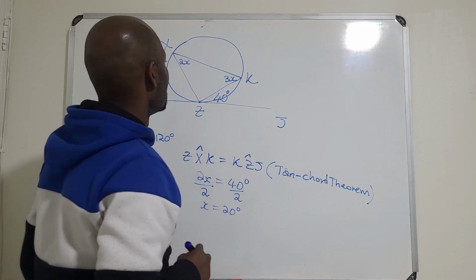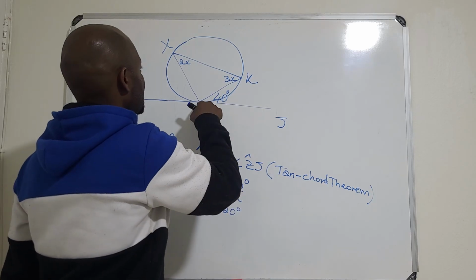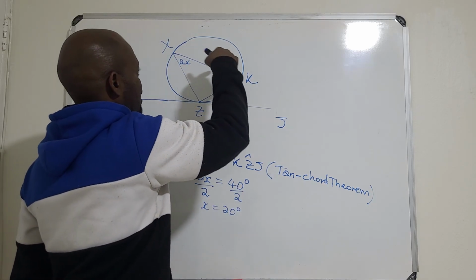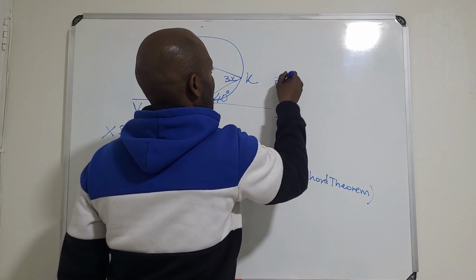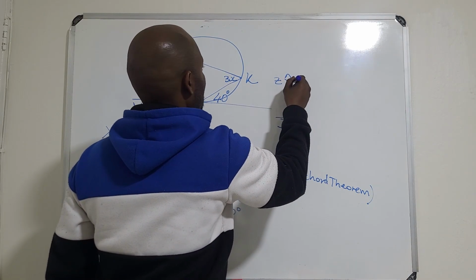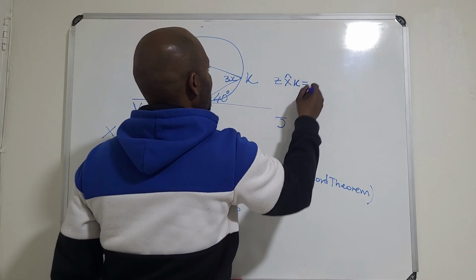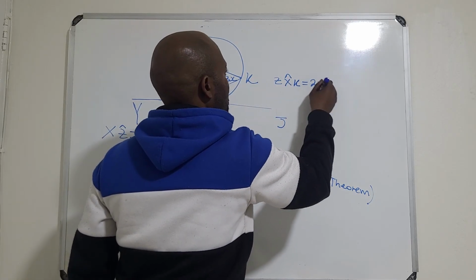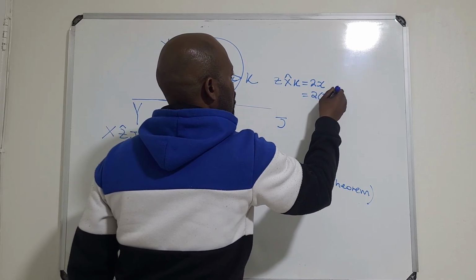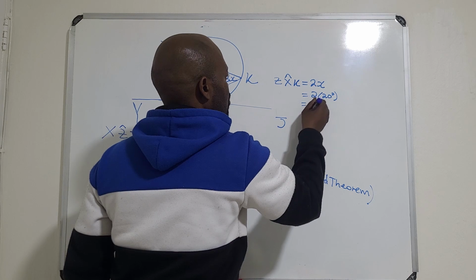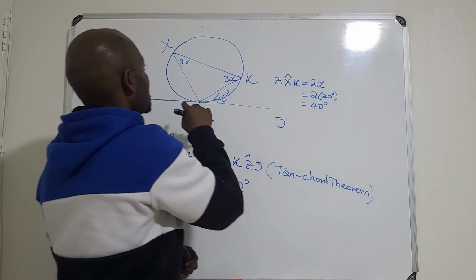Angle ZXK is equal to 2x, which is 2 times 20 degrees, which is 40 degrees.